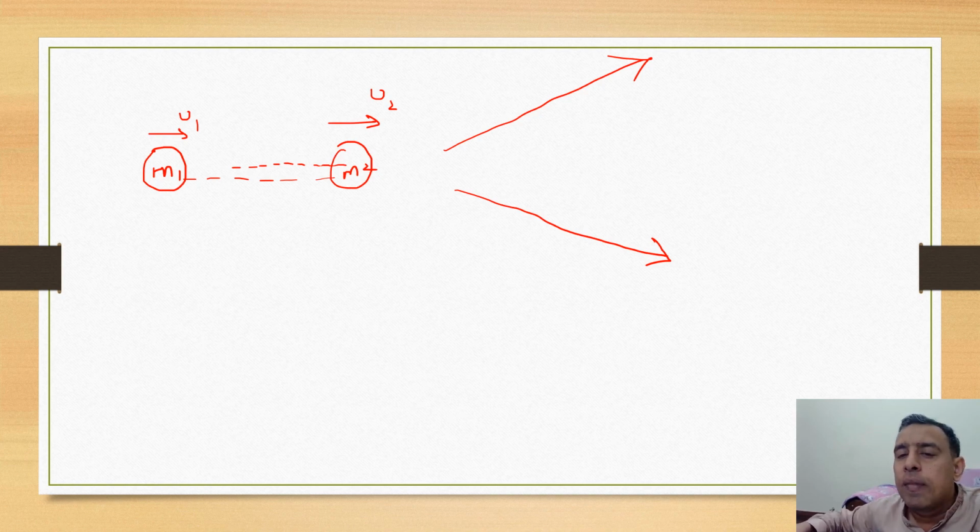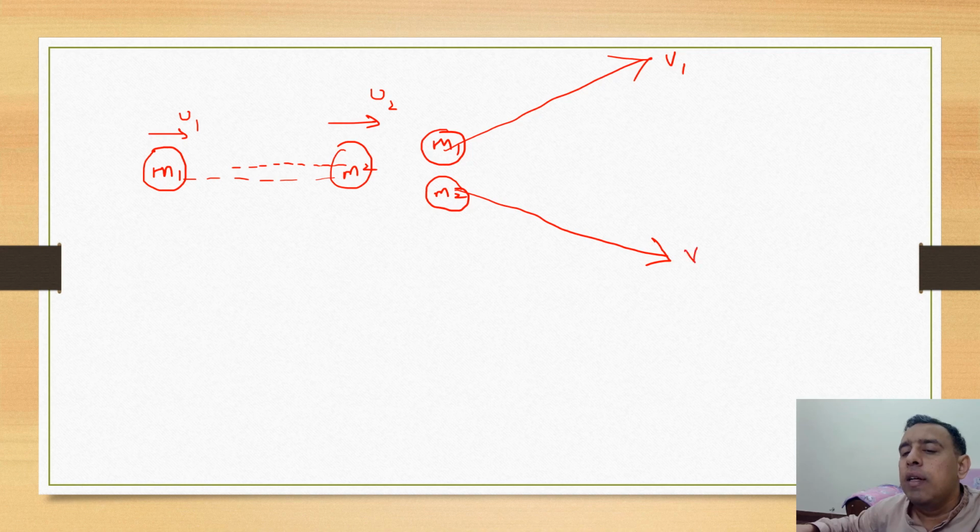Like this is the mass m1 and this is the mass m2. Its velocity is say v1 and its velocity is say v2. Clear? So now we have to divide these velocities and in fact the momentums into their components.